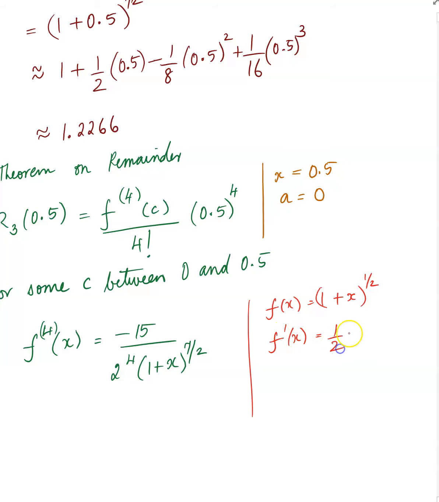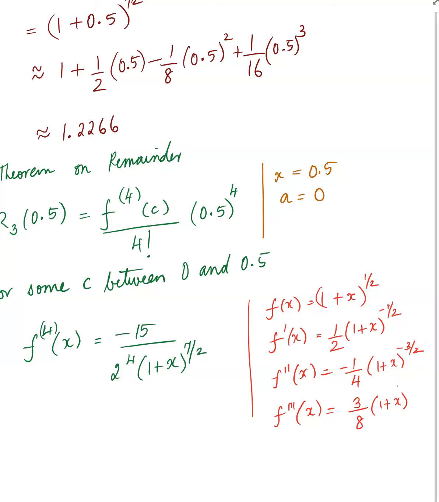So the first derivative would be half times 1 plus x power half minus 1, which is negative half. F double prime of x will be half times negative half, so negative 1 over 4, times 1 plus x power negative half minus 1, which will be negative 3 over 2. The triple one would be negative negative, so positive 3 over 4 times 2, 8, times 1 plus x power negative 3 over 2 minus 1, which would be negative 5 over 2.